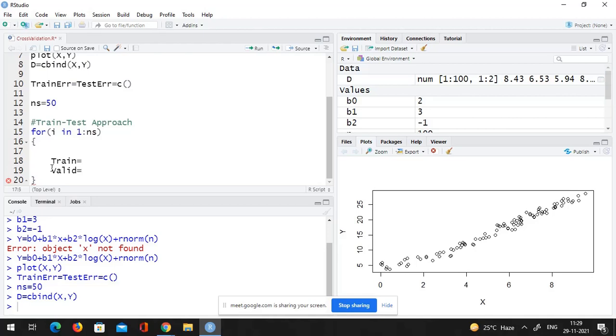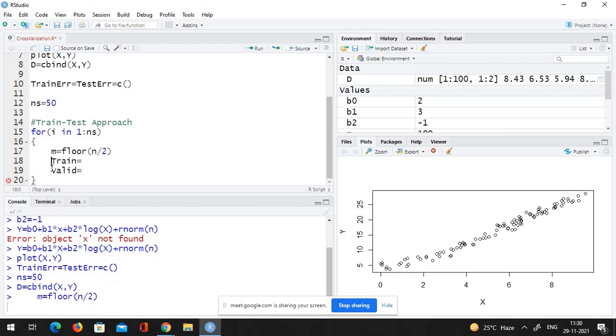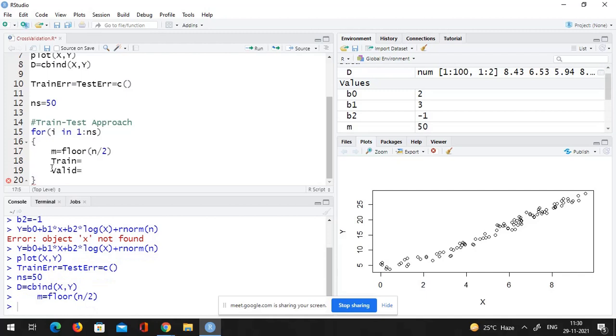So let me take m as floor of n by 2. You know the commands floor and ceiling, right, everyone? Yes, ma'am. So right now my n is 100, so it doesn't matter, but I want to write general code, so I am writing floor of n by 2.